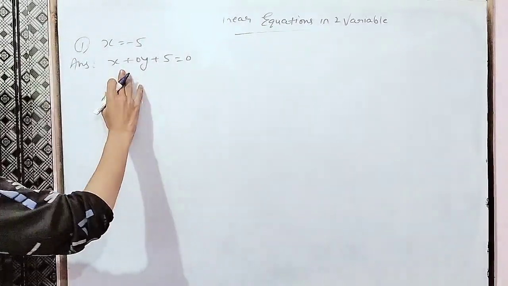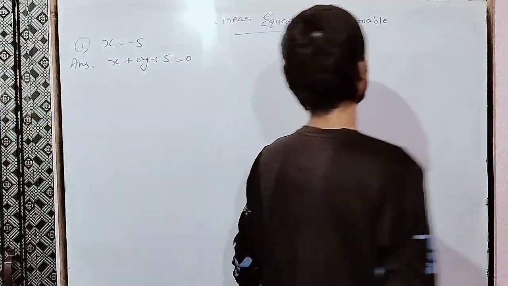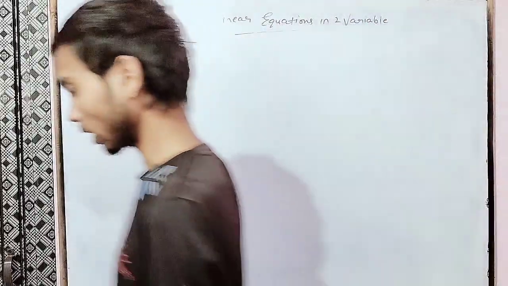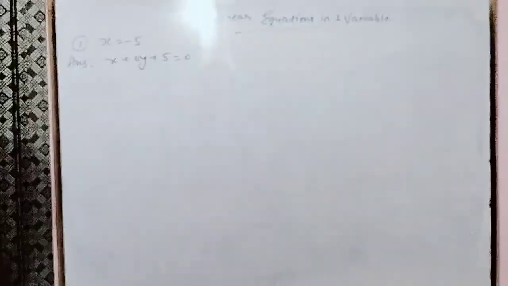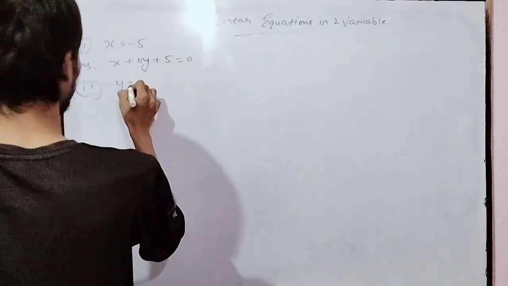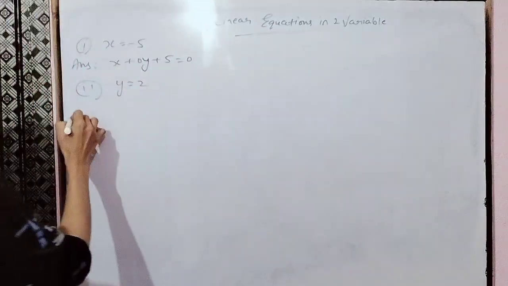So this is a linear equation in two variables. That's how you will convert any polynomial into two variables. So the second is what? y is equal to 2.